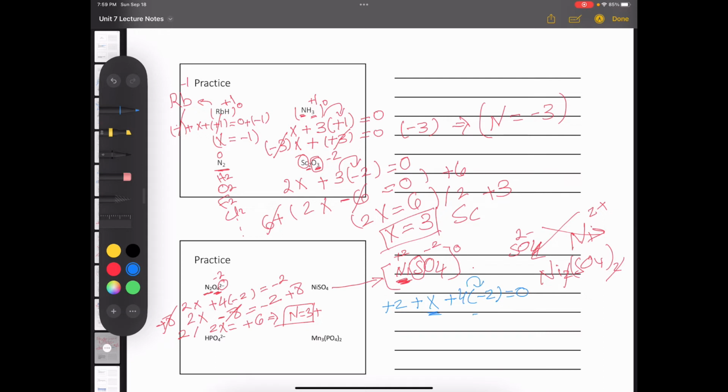This will be a -8. So positive 2 plus x minus 8 equals 0. So I'm going to do this operation here. 2 minus 8, that would be x minus 6 equal 0. And then the oxidation number for the sulfur will be +6.